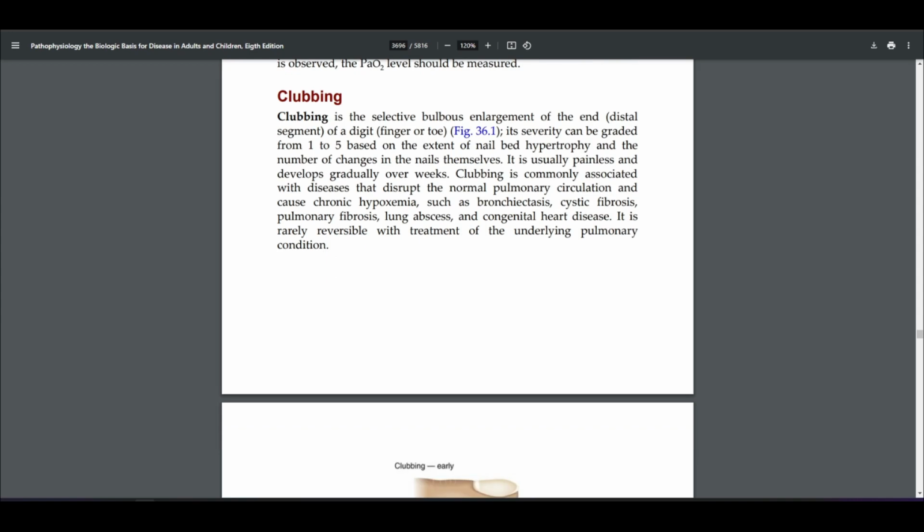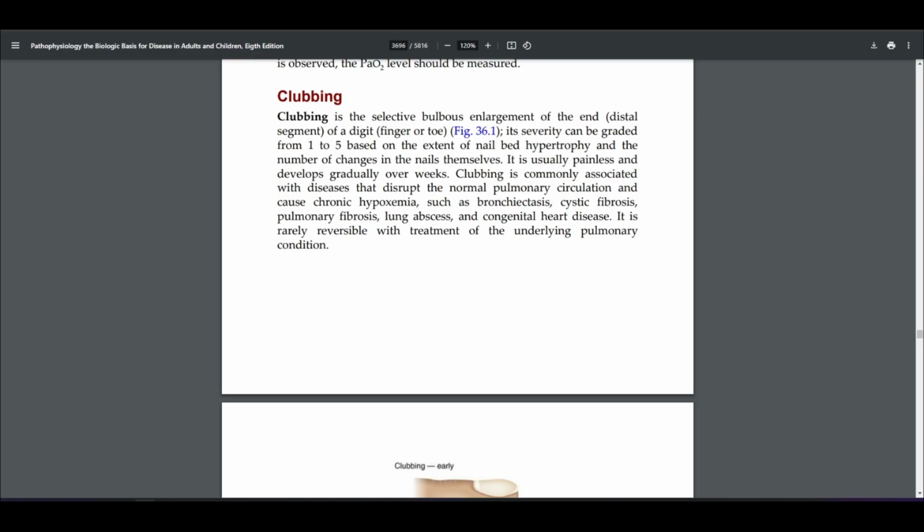Clubbing is a selective bulbous enlargement of the end of a digit in your fingers and toes. Its severity can be graded from 1 to 5, based on the extent of the nail bed hypertrophy and the number of changes in the nails themselves. It is usually painless and develops gradually over weeks.